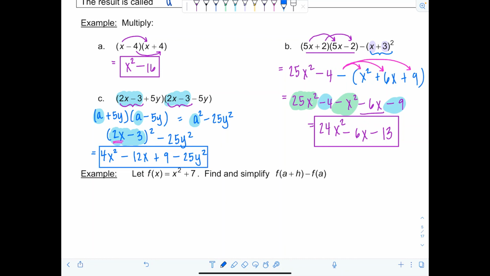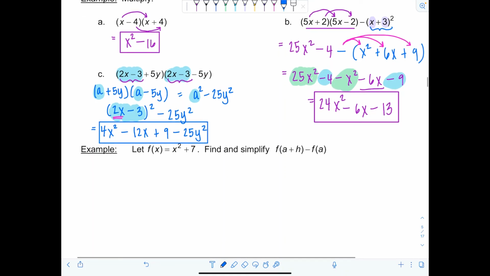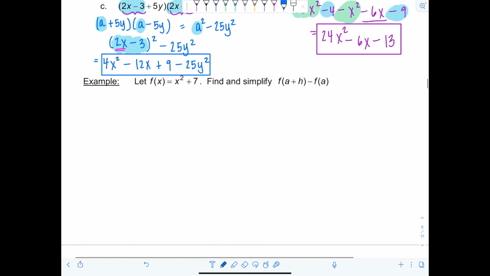Okay, lovely. Now, last example, let f of x equal x squared plus 7. Find and simplify f of a plus h minus f of a. All right, before we tackle this problem, I just want to get you guys comfortable with using function notation.